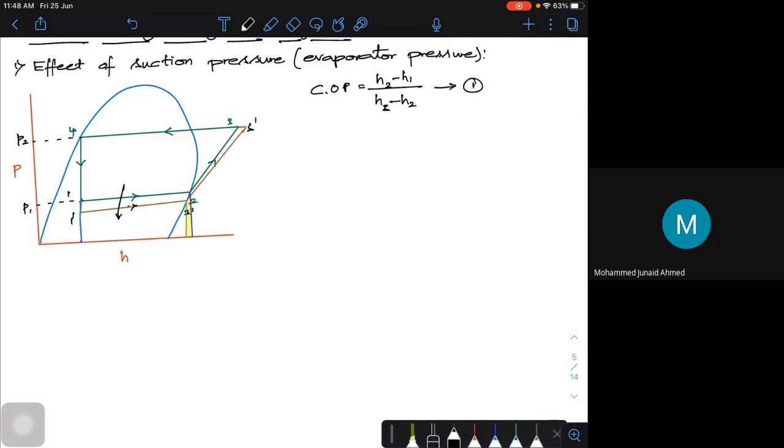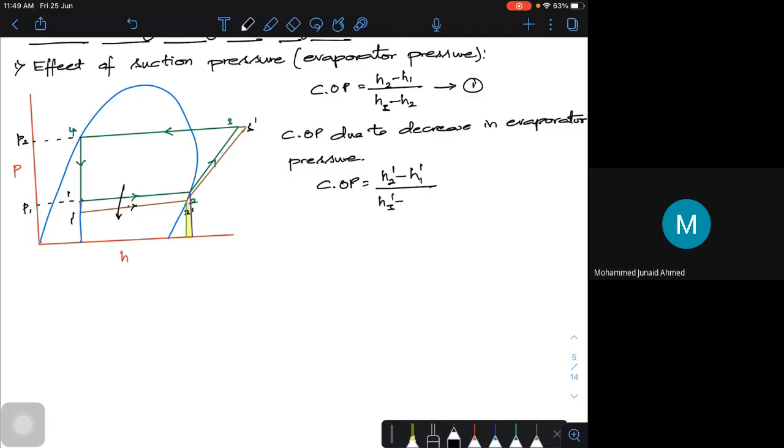Now the COP due to decrease in evaporator pressure will be H2 dash minus H1 dash divided by H3 dash minus H2 dash.